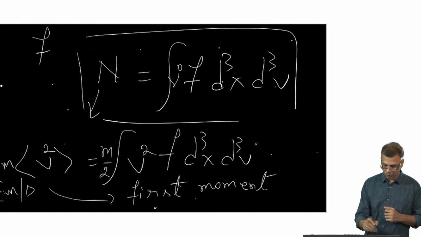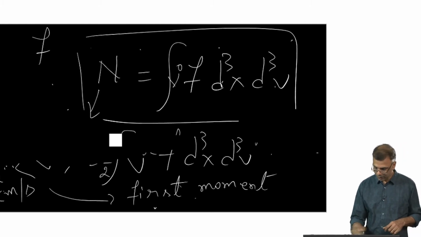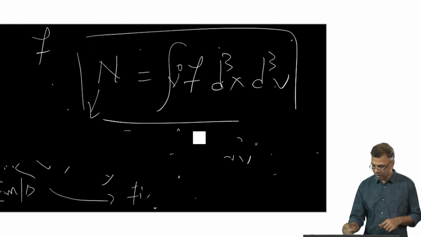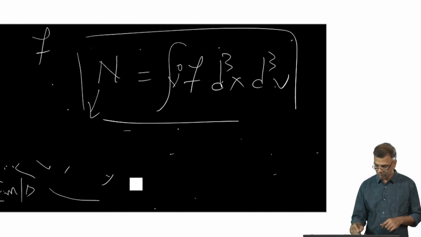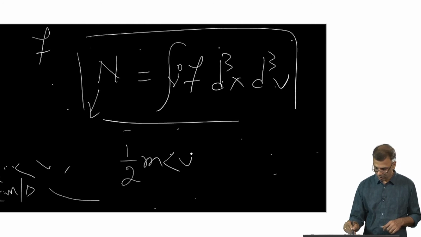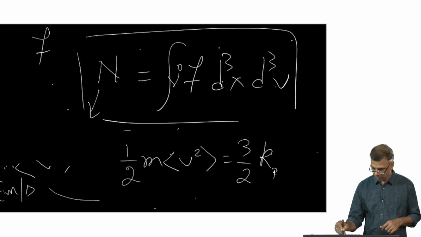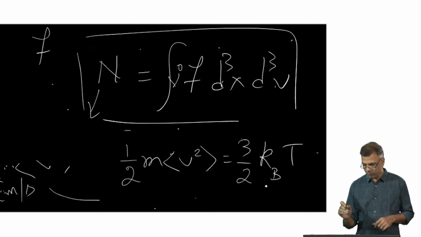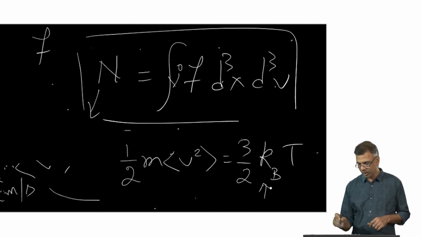I know from other considerations that the average kinetic energy is simply equal to (3/2) k_B T, where k_B is the Boltzmann constant.